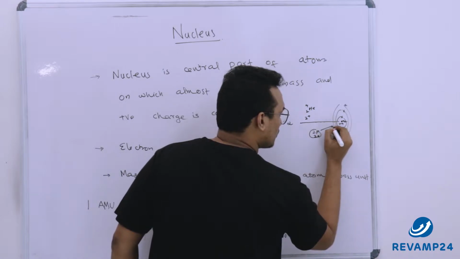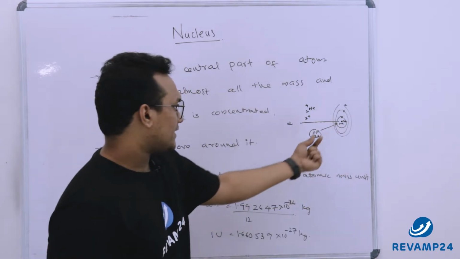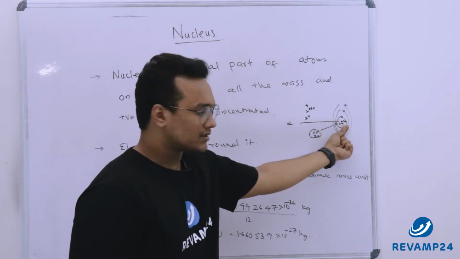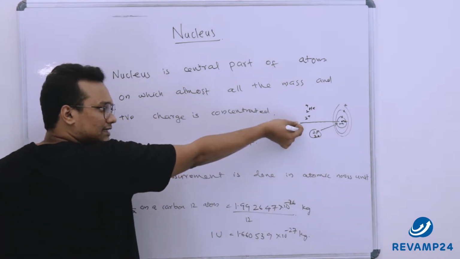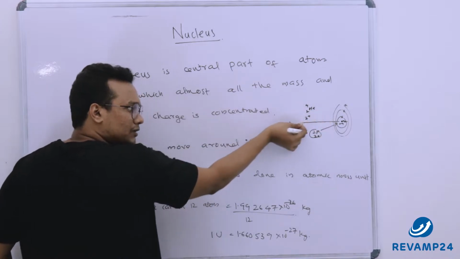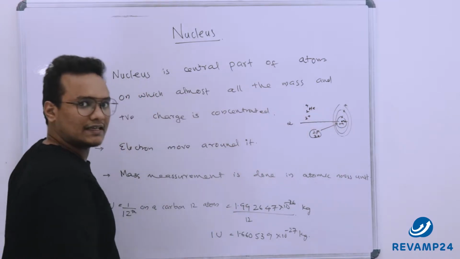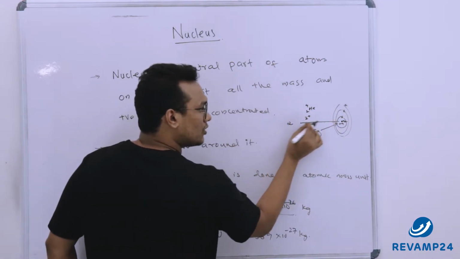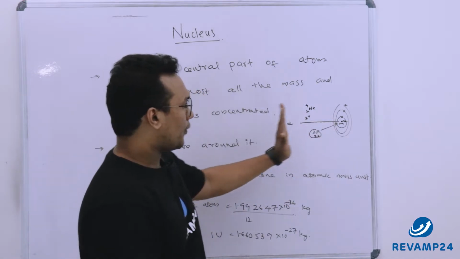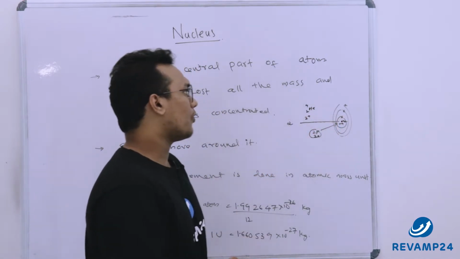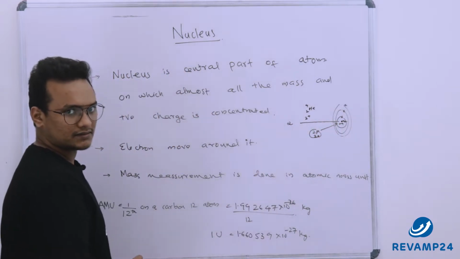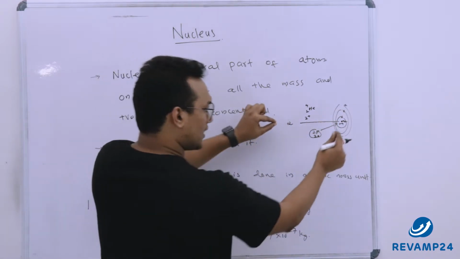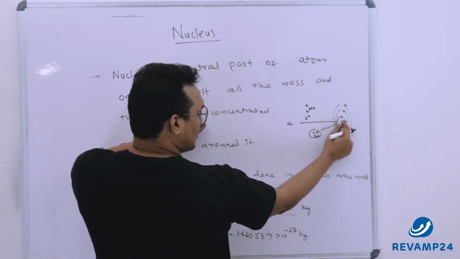So this is coming towards the nucleus, and the nucleus has positive charge and this also has positive charge. With its kinetic energy it will move, and as it moves towards the nucleus, its velocity will decrease because it has to oppose the repulsive force offered by the nucleus on the alpha particle, because both are positive charges. Initially it has the highest velocity.